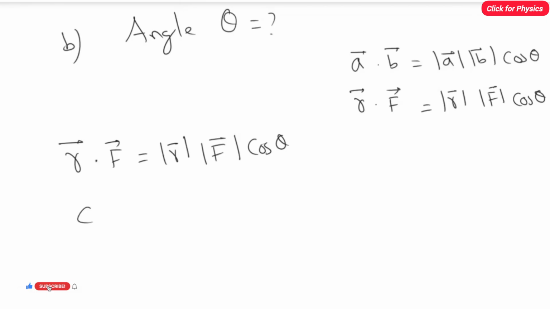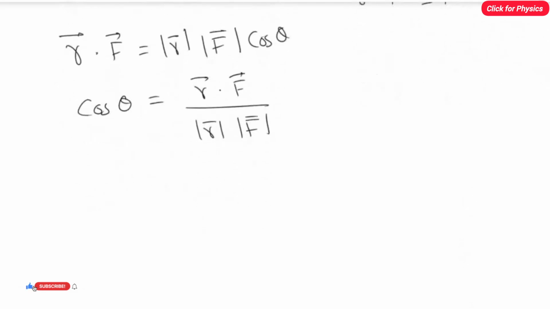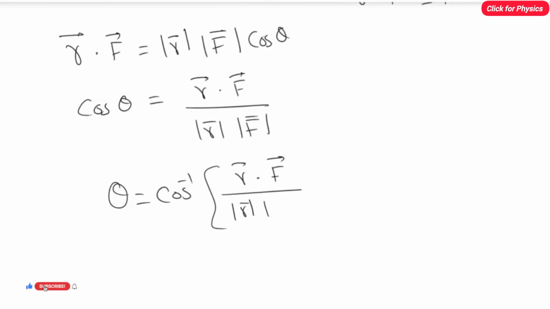By that, we get cosine theta equal to r vector dot f vector divided by magnitude of r multiplied by magnitude of f. Now for getting theta, we have to move the cosine to the right hand side, where the cosine will become inverse. So theta is equal to cosine inverse of r vector dot f vector divided by magnitude of r vector multiplied by magnitude of f vector.